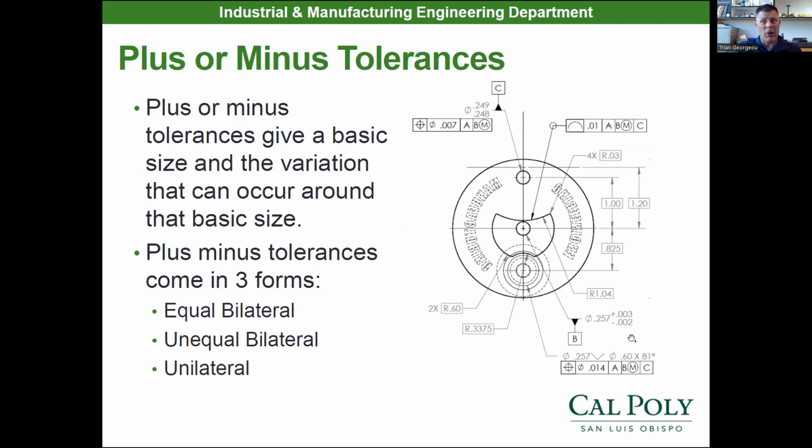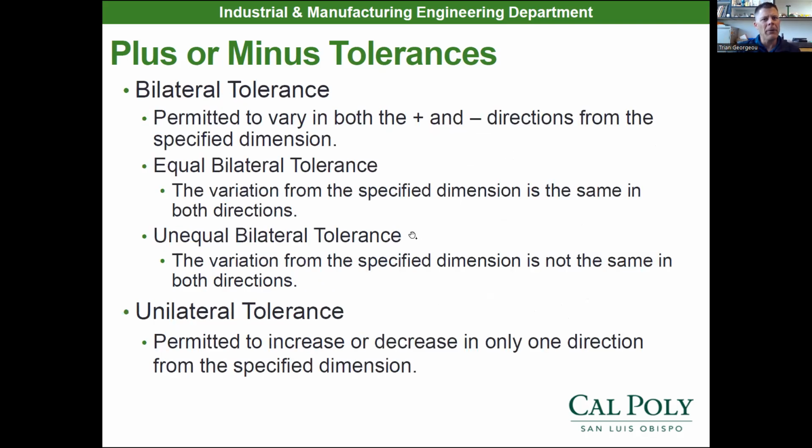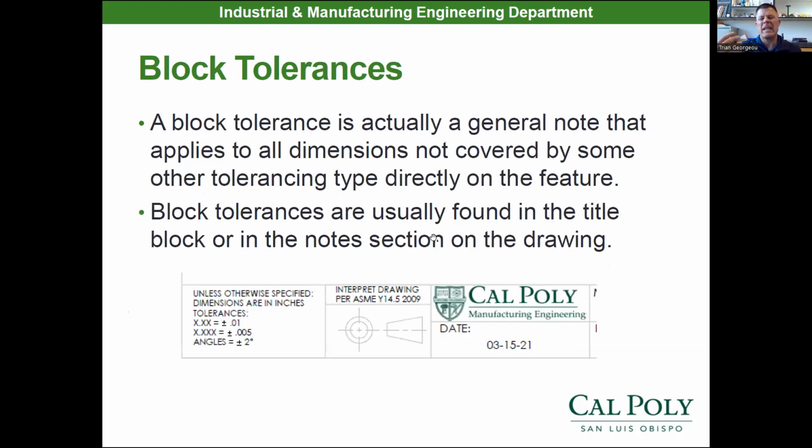So that's unequal bilateral, goes both ways. And there's sometimes unilateral tolerances, which will be plus 0 or minus 0. It goes one way. So it either goes up or down. It's just unilateral.